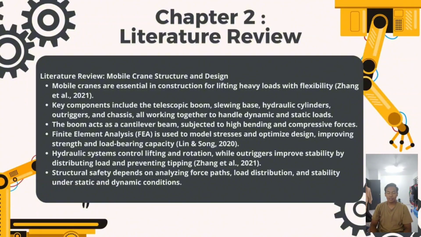According to Zhang et al. 2021, the main structural parts include the telescopic boom, hydraulic cylinders, slewing system, outriggers, and the mobile base. These components must work in coordination to handle both static and dynamic loads during lifting operation.